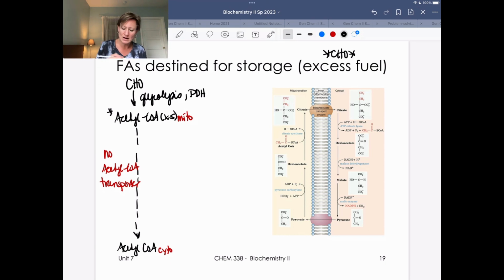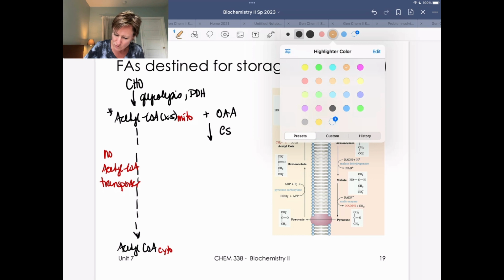Excess acetyl CoA in the mitochondrion, generally derived from carbohydrate metabolism, is going to dip briefly into citric acid cycle chemistry. We are going to have citrate synthase doing chemistry here. I'm going to highlight where these are on the picture over on the right.